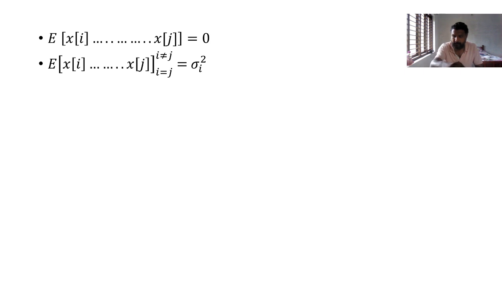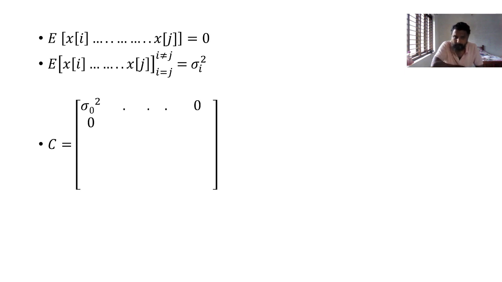We are given C, which is diagonal with entries sigma naught square, sigma 1 square, etc. up to sigma n minus 1 square, because the variance is given.